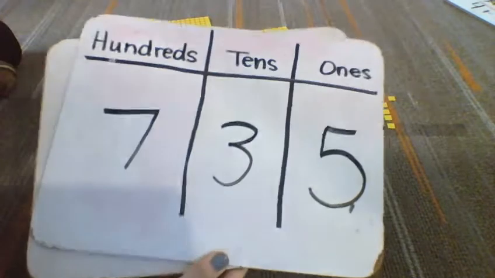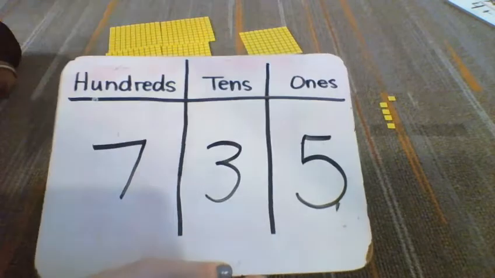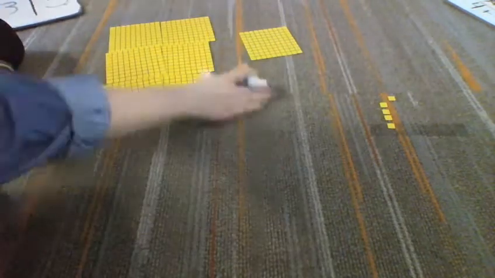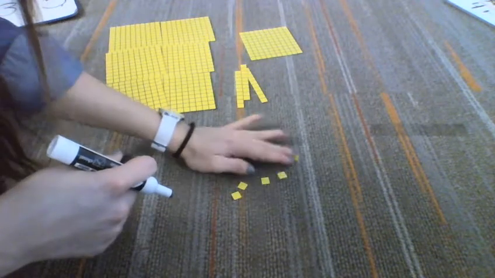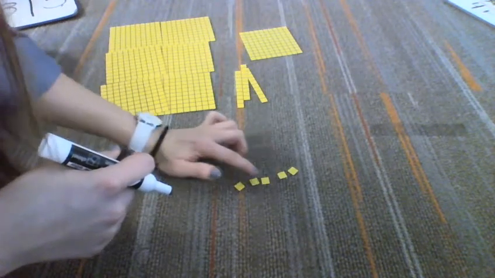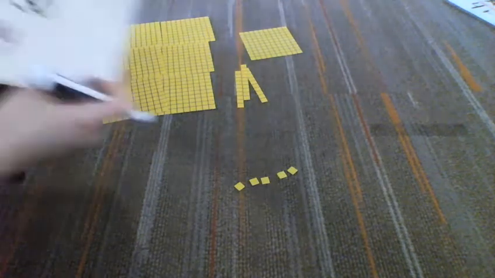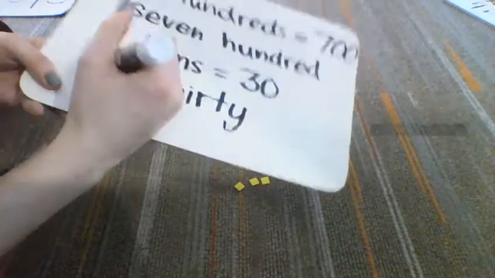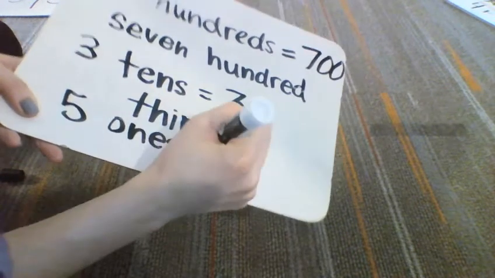Now how many ones do we have again? Look at our chart. We have 5 ones. So that's these pieces right here. So 1, 2, 3, 4, 5. So if we want to write it again, 5 ones. Remember, we counted it out.